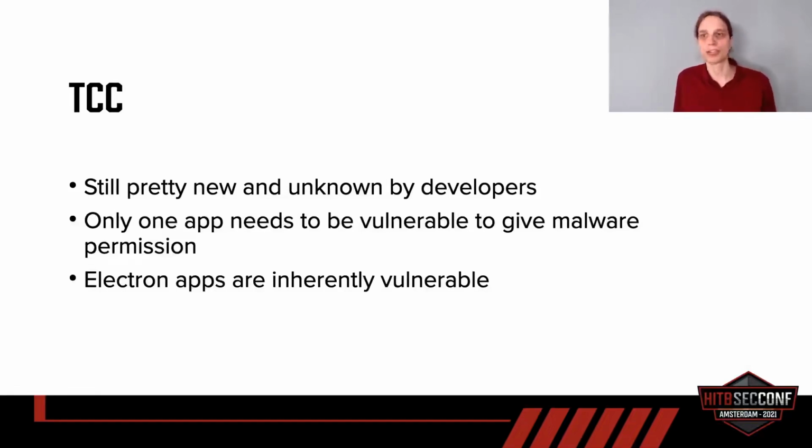And you only need one application to be vulnerable with a TCC permission to have malware that can also get that permission. There are many applications, Electron, but also all the older applications that did not have library validation that are inherently vulnerable and that cannot be protected using the current code signing mechanism that macOS uses.